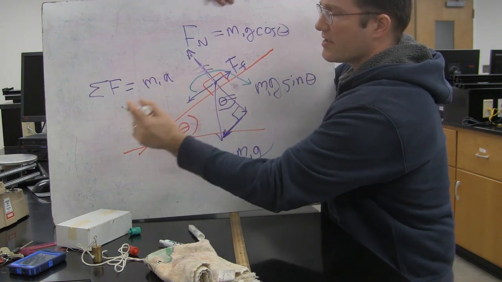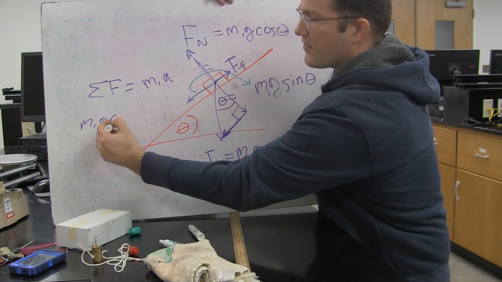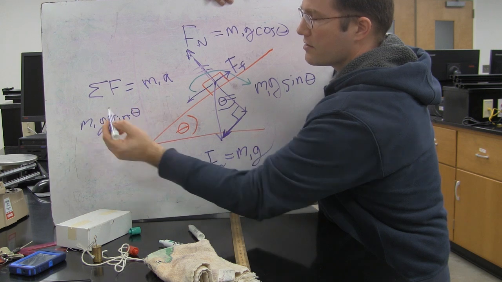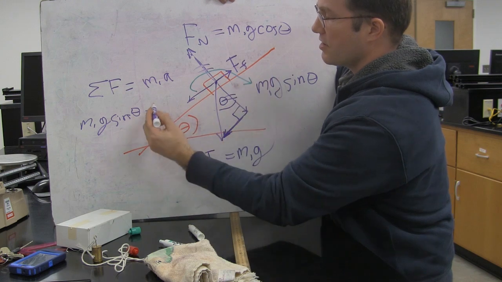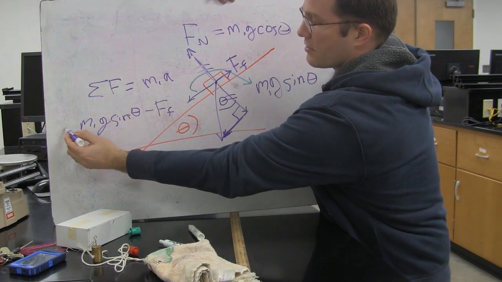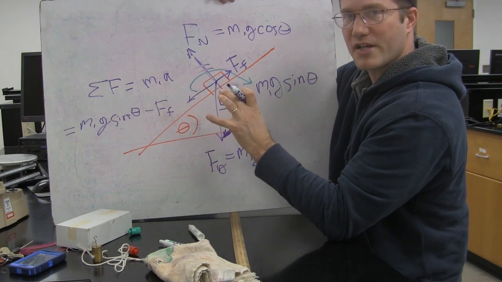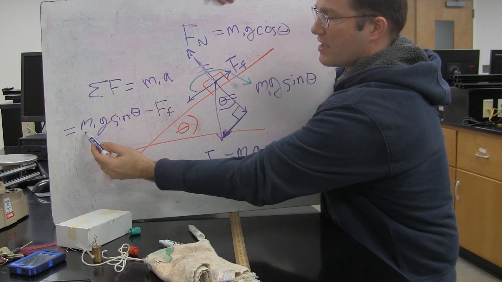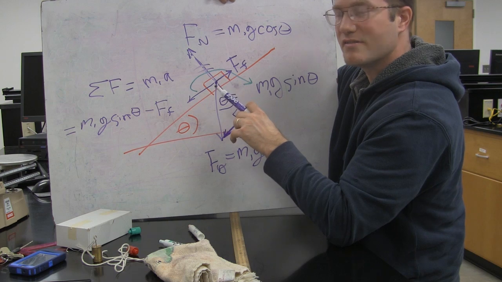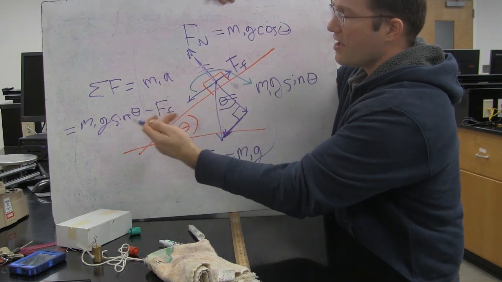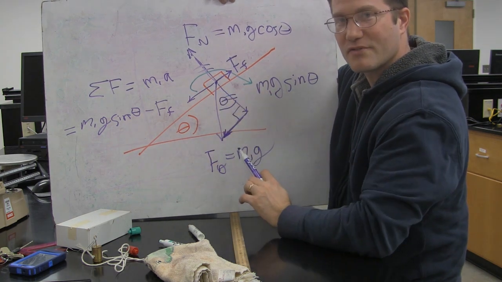And so m1a is equal to the net force, which is m1g sine theta, minus the frictional force, because it's in the opposite direction. Knowing these other values, theta, g, m1, and acceleration, we can calculate our frictional force.